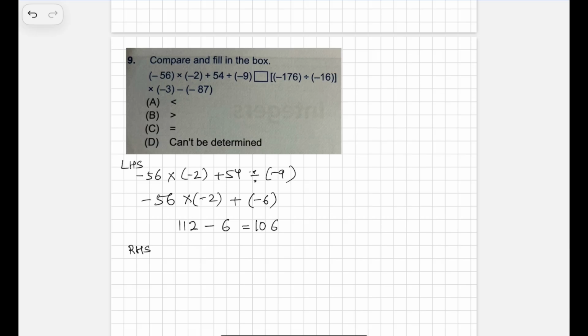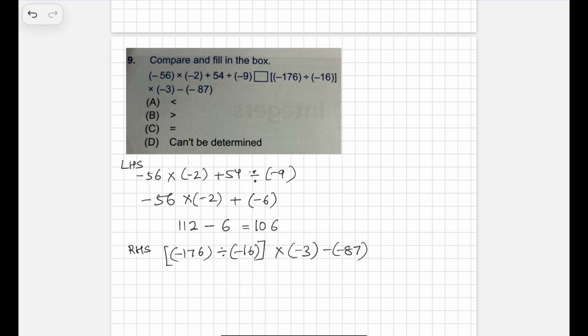Right hand side is minus 176 divided by minus 16 into minus 3 minus of minus 87. So first we will do the division part. Minus 176 divided by minus 16 is what?